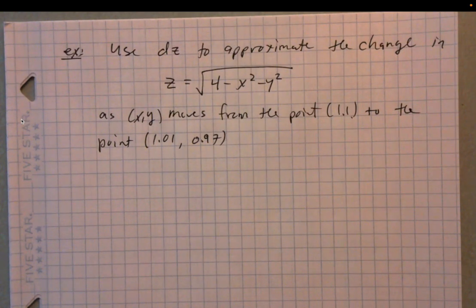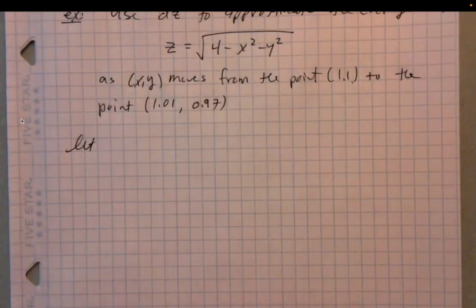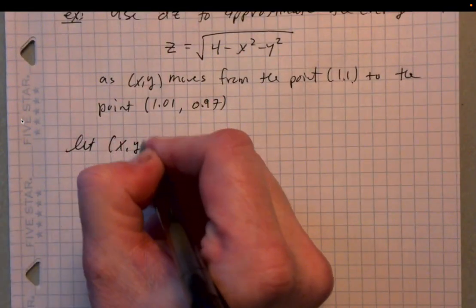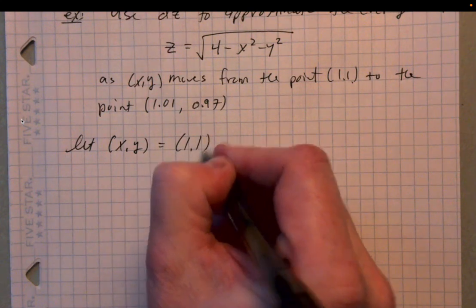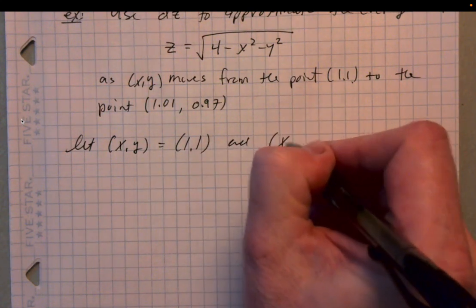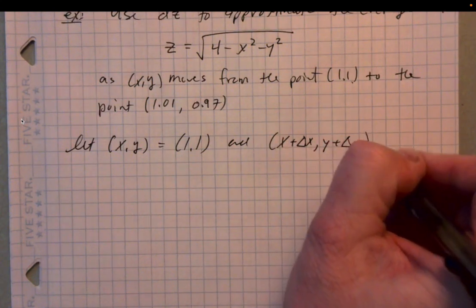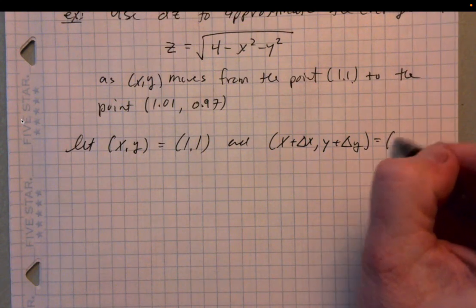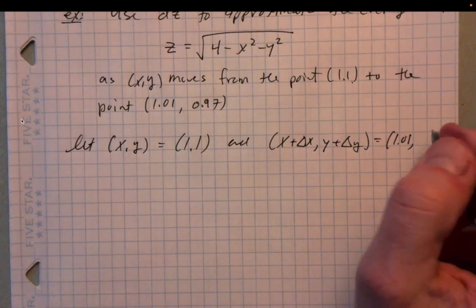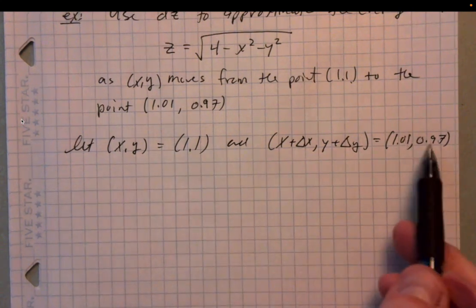Well, we can use what we've just talked about. Let's start with defining our xy as 1, 1. That means our x plus delta x and y plus delta y is equal to 1.01, 0.97, the starting point and the point you move to.